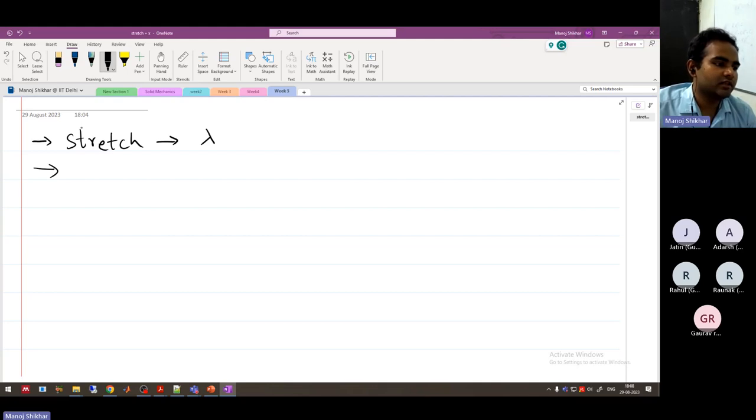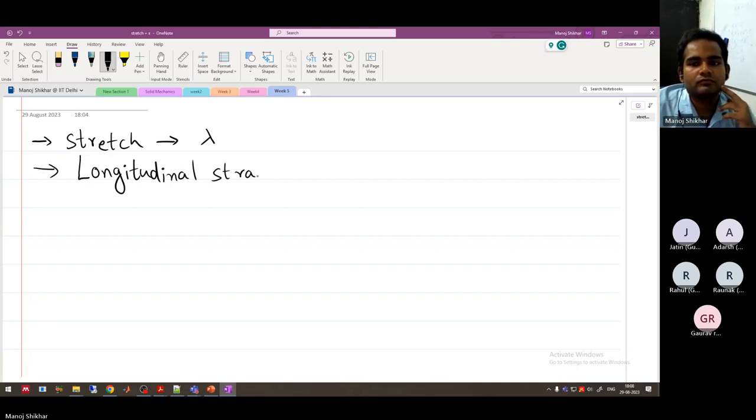In lecture 11, the professor had started this discussion on strain. There are two different kinds of strain. One is longitudinal, and the other one is shear strain.